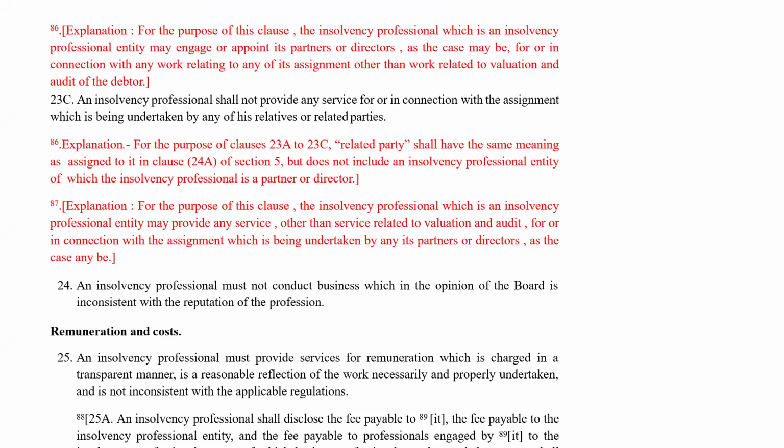An insolvency professional shall not provide any service for or in connection with the assignment which is being undertaken by any of his relatives or related parties. ठीक है, अगर असाइनमेंट किसी रिलेटिव के पास है तो ये उसमें काम नहीं करेगा.